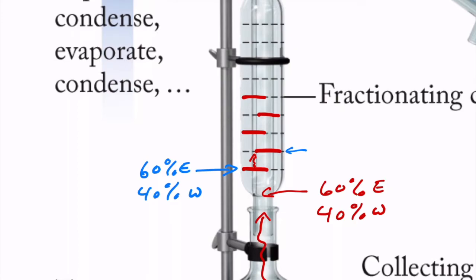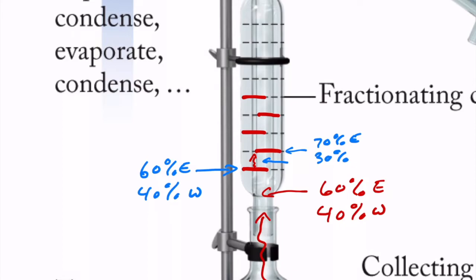So say now, just to make the numbers easy, we have 70% ethanol and 30% water, because the vapor right here is going to maybe have that composition, and then when it condenses on the second plate, it's going to have the same composition as the vapor. So hopefully you can see the pattern here: as the vapor travels up that column, it's becoming more enriched in the component that has the highest vapor pressure.